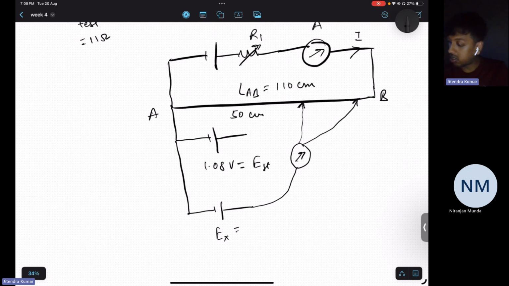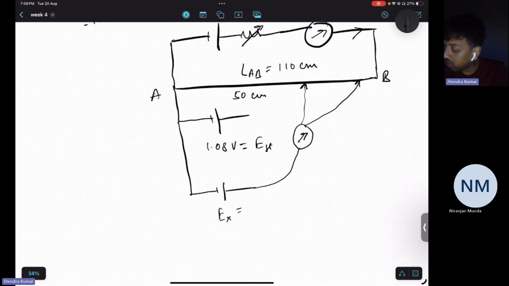So this value of EX or E standard will be 1.08 into 50, which came out to be 54.